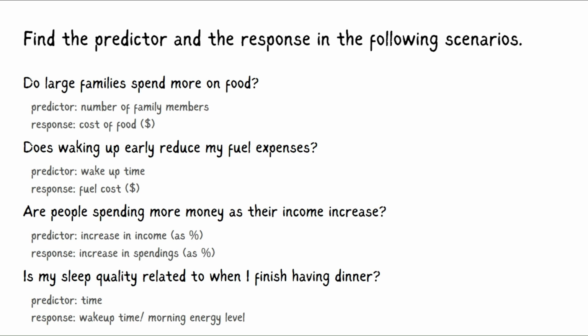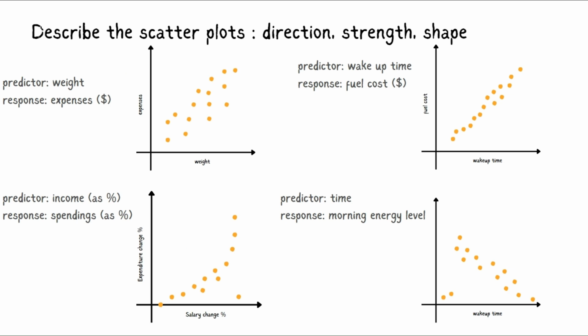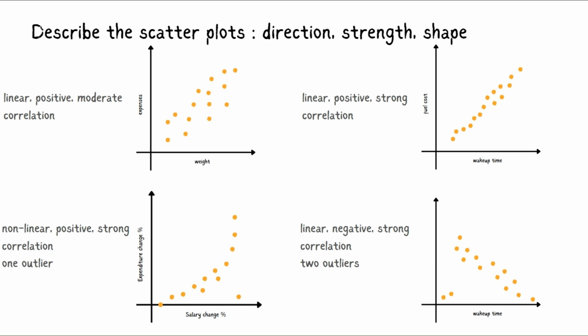Pause the video once again and try to describe the relationship between each pair of variables. The upper left corner displays a scatterplot indicating a linear correlation because the points follow a straight line.